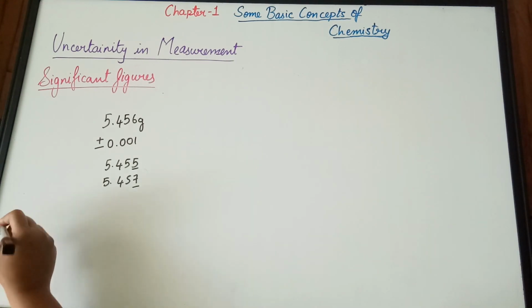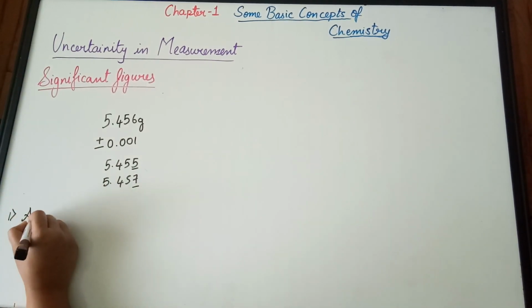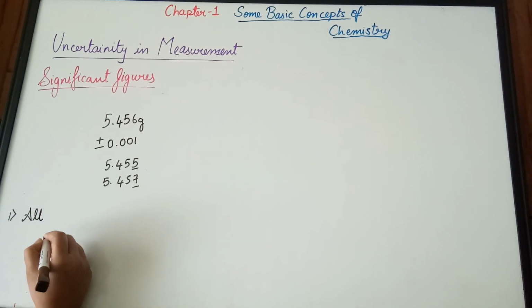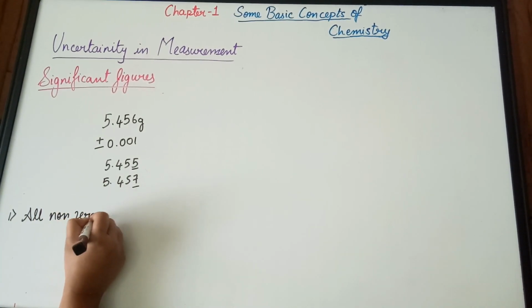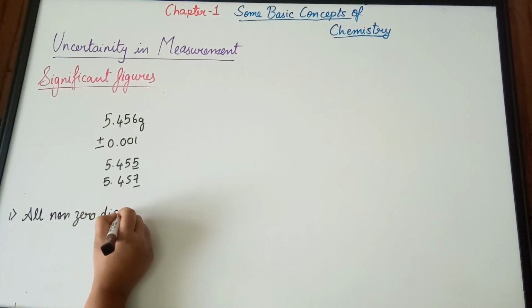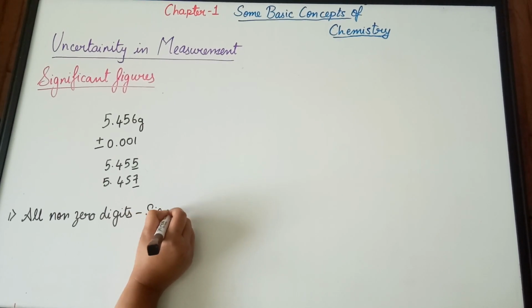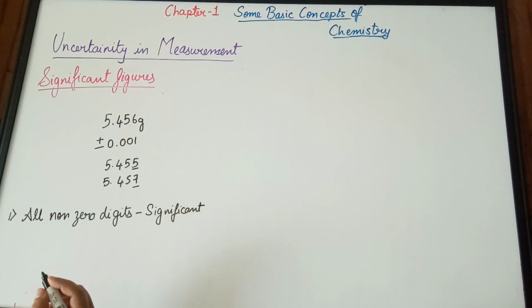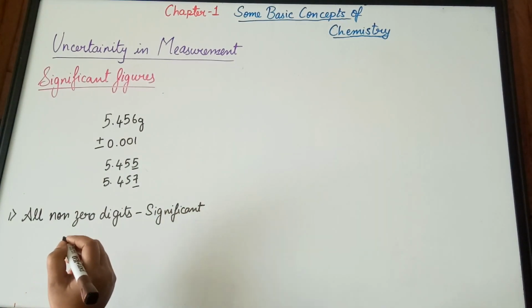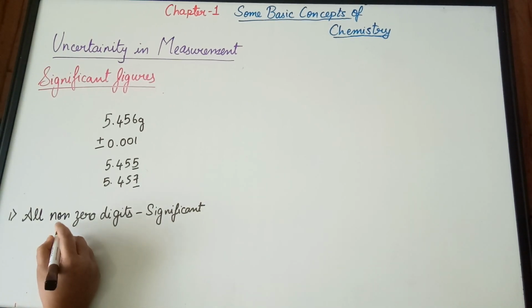Okay, so the first rule is that all non-zero digits are significant. Makes sense, right? If any value is not equal to 0, then obviously that digit is significant. This is what we've learned even when we were learning numbers before.